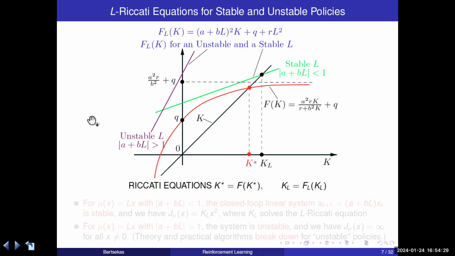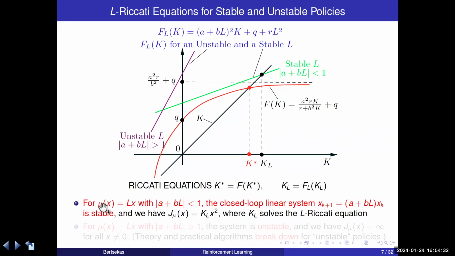And what is the meaning of stability? Let's consider a linear policy with A plus BL less than 1 in absolute value. Let's look at the closed loop linear system. The control is Lx, so in closed loop, the system is this. If A plus BL is less than 1 in absolute value, then the sequence generated by the system dies down to 0 asymptotically, right?